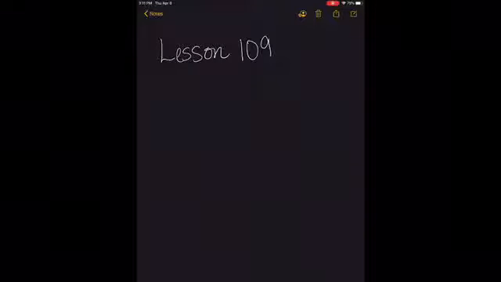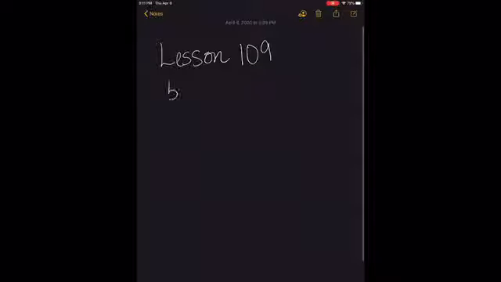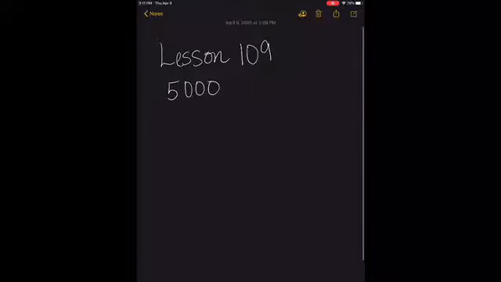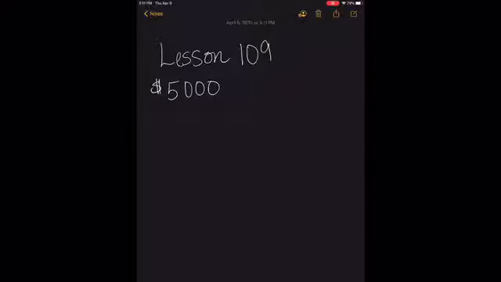Okay, so let's just look at our first example and work with that. So Jim put $5,000 in the bank for 2 years at 8% simple interest. I always like writing down the information I have. Okay, so that means each year he earned 8%.